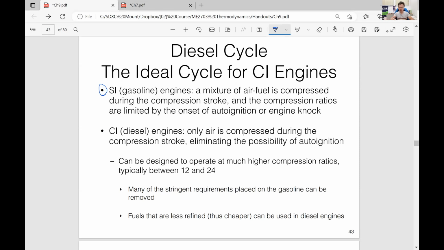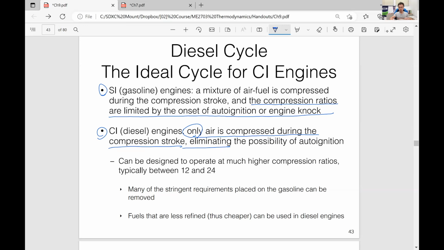So the compression ratios are limited by the onset of auto-ignition or engine knock, right? So this is one reason that we cannot use a very high compression ratio in an SI engine. However, because a CI engine relies on the high temperature as a result of the compression, usually we can use a very high compression ratio in a CI engine, because only air is compressed during the compression stroke.